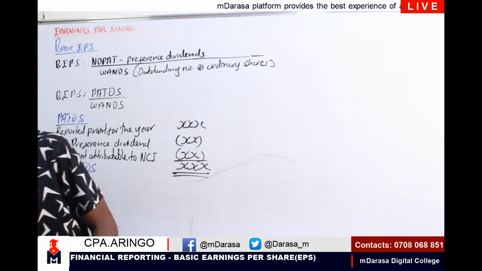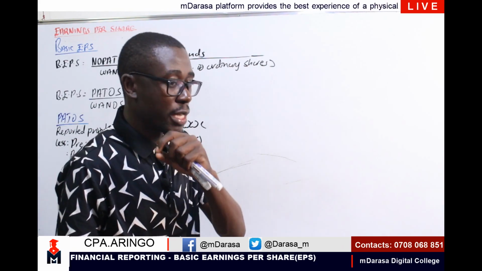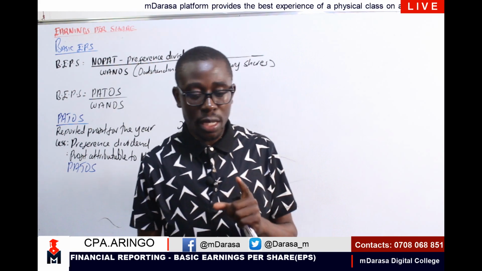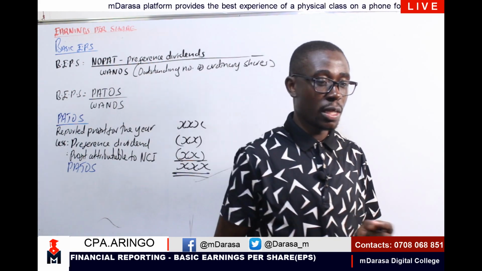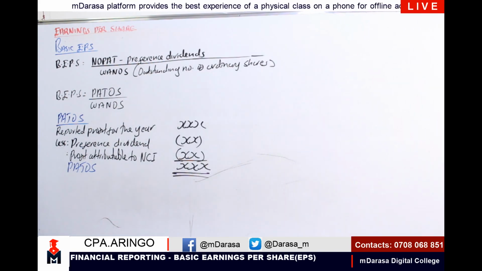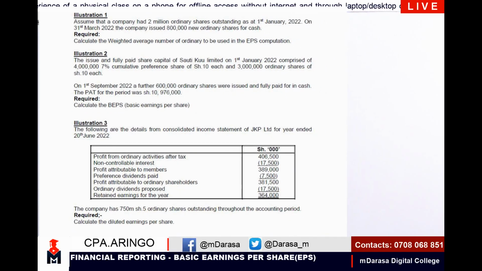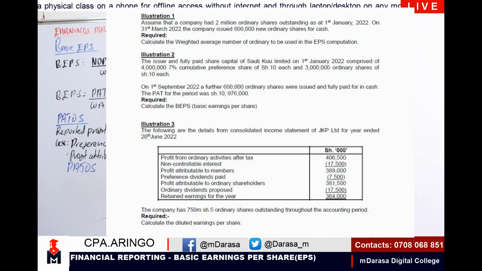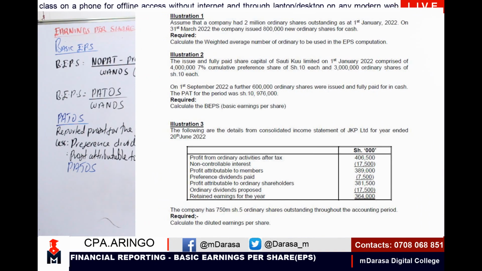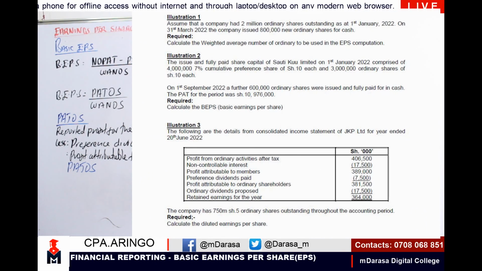Now, for us to understand this concept clearly, I want us to consider a question here. You can download this question; I'm going to attach it just below the video. I'm going to consider the first question illustration, which assumes a company had 2 million ordinary shares outstanding at 1st January 2022.